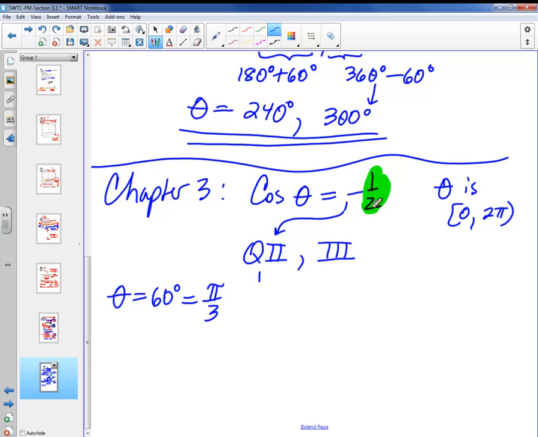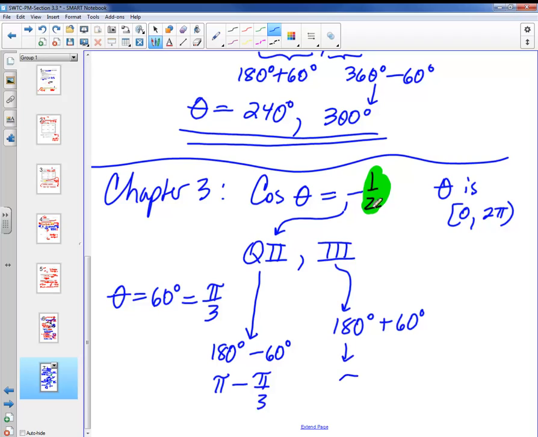So think about what happens in degrees. In quadrant 2, you would take 180 minus the reference angle. However, here, it's pi minus the reference angle. In quadrant 3, you will take 180 plus 60, but since it's in radians, it's pi plus pi over 3.